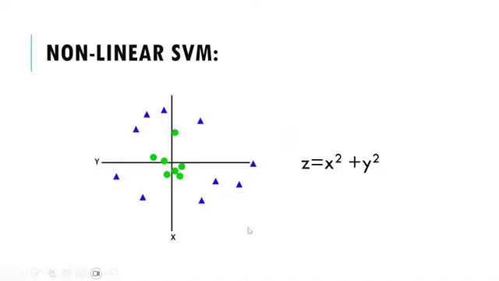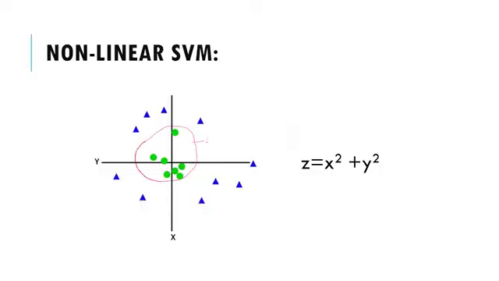I'll take one example. Now see, let's suppose this is your data, where if you have to divide these two classes, the green ones and the blue ones, it's not linearly separable. You cannot have just one straight line which can divide these two categories. You need some kind of a circle like this.